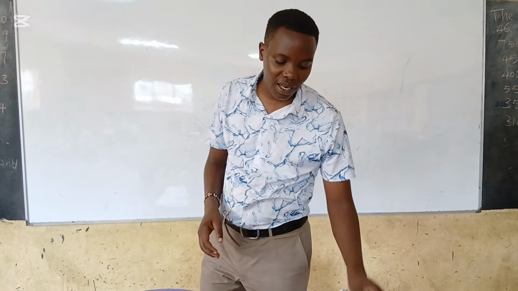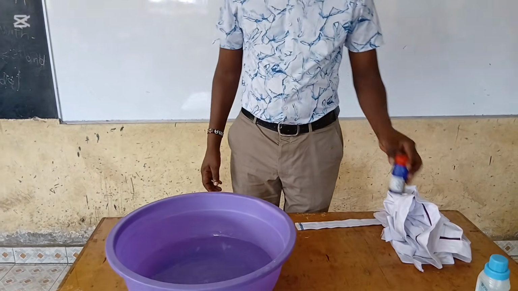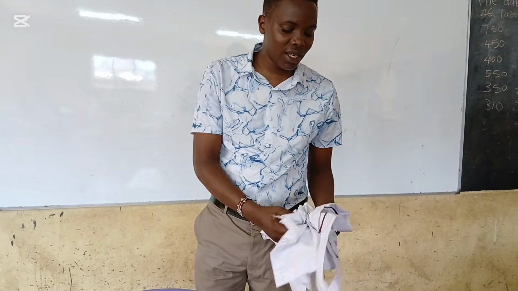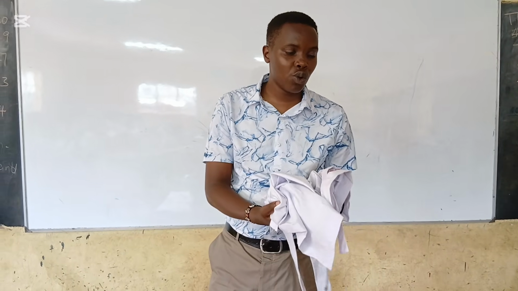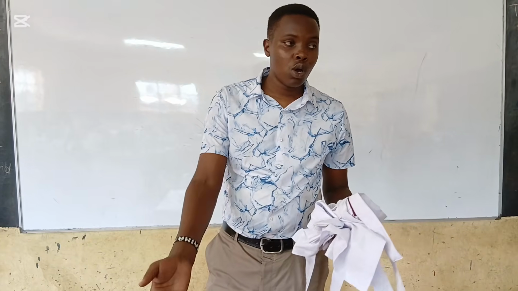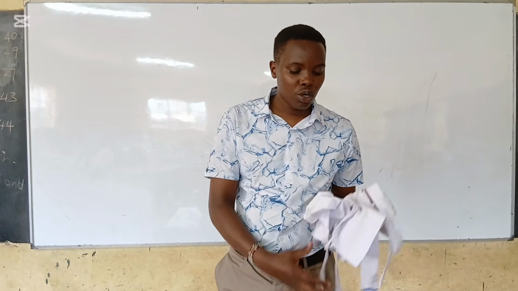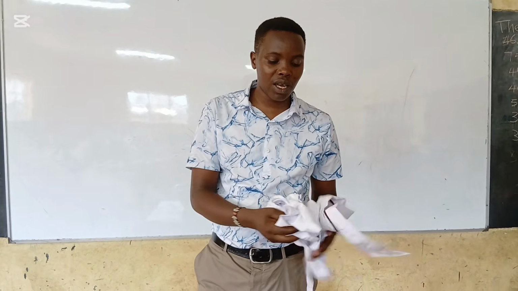We are going to use a disinfectant and warm water. After we dry this article, we are also going to iron it. We are also going to use salt to rinse our article. In the next activity, I will show you the salt that we are going to use.